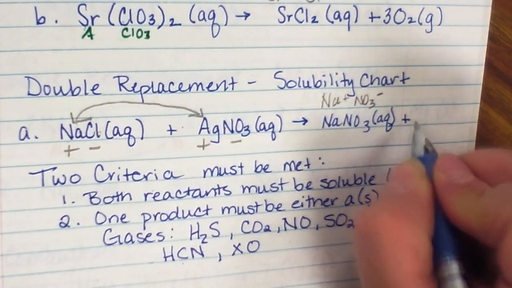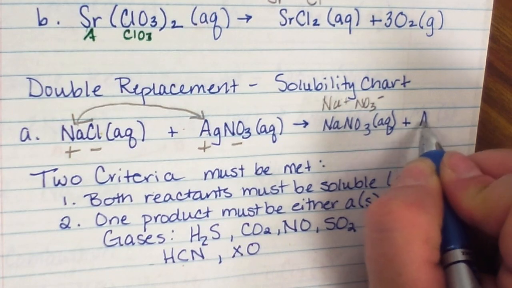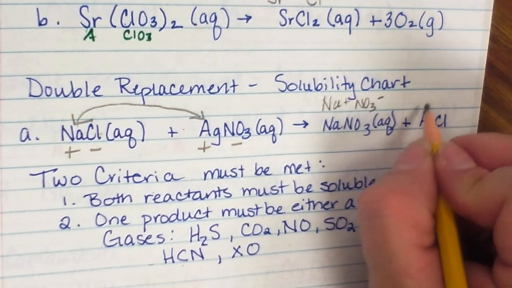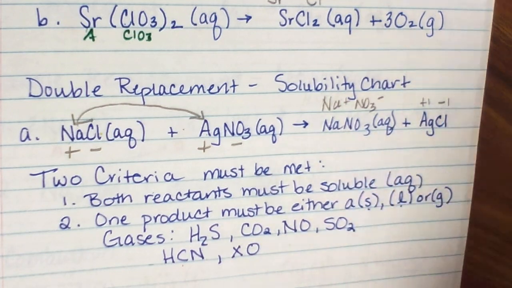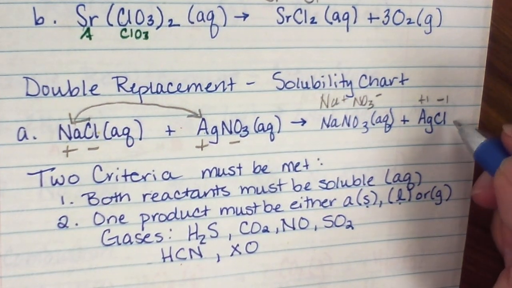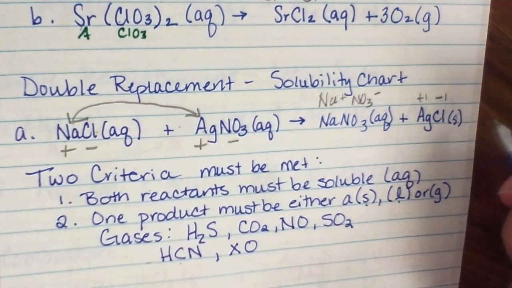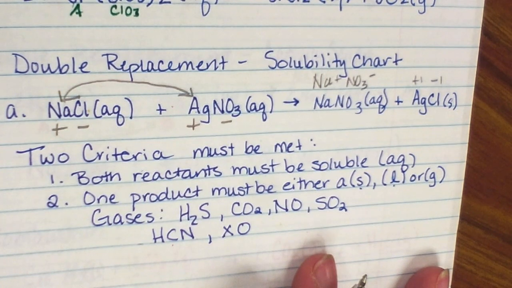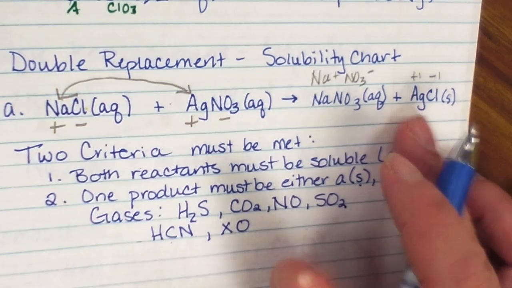And we're going to end up with silver chloride. Silver is +1, chloride is -1. And we know that this actually is a solid. And you know how we know? Because the silver is the exception to the halogens. So this actually will go.